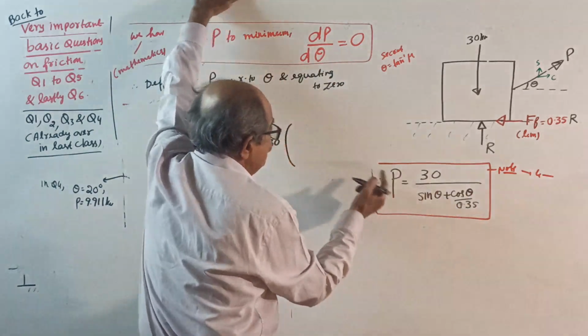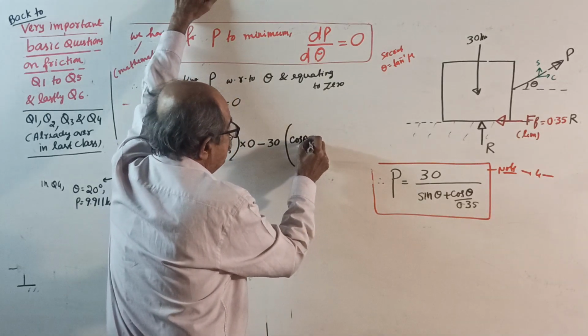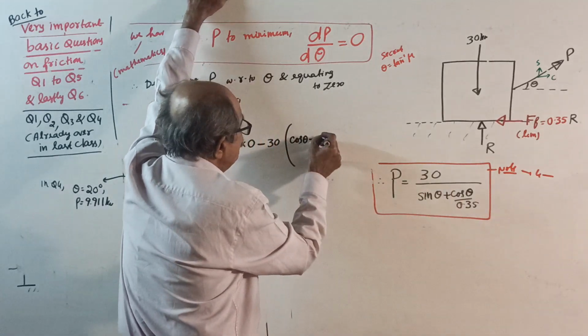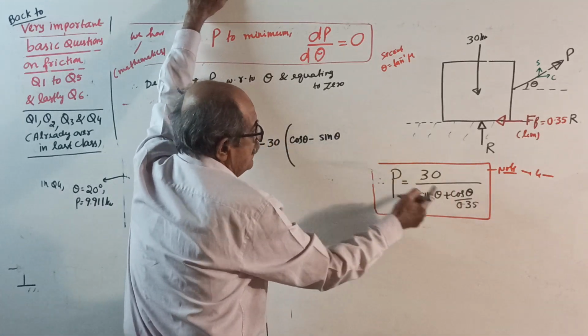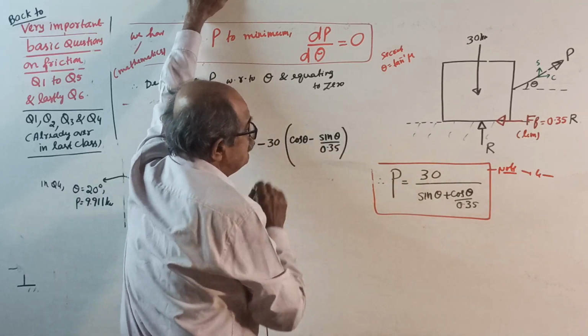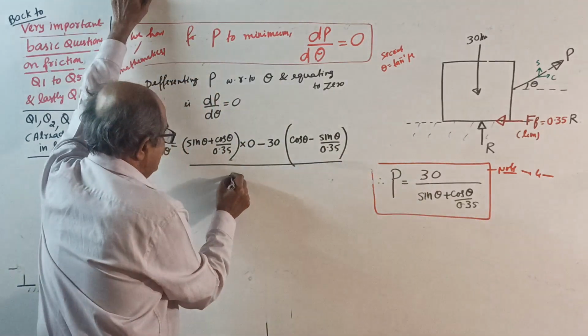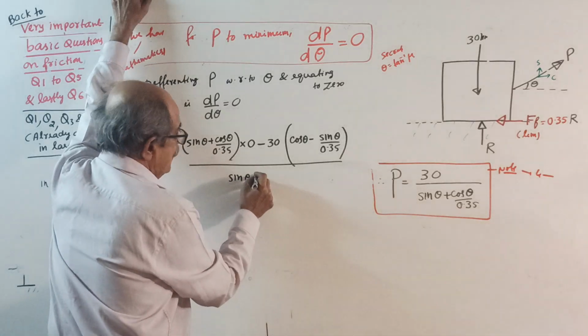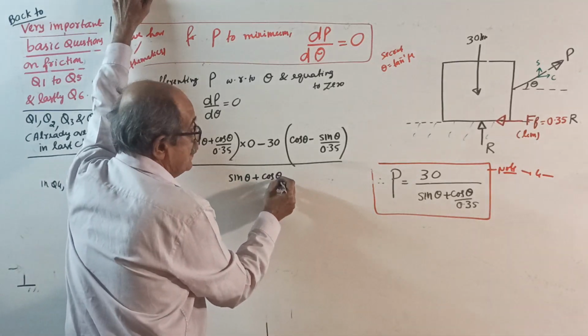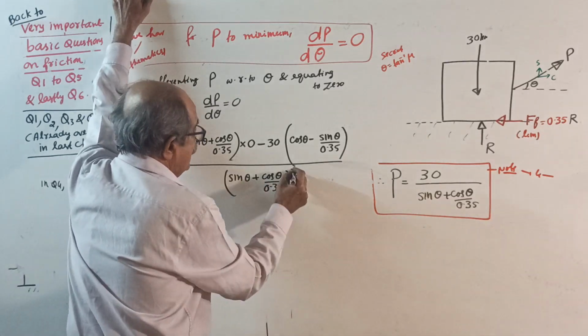Differentiation of denominator is sin theta becomes cos theta, minus, cos theta becomes sin theta, and divided by 0.35. This much basic mathematics required. Divided by sin theta plus cos theta divided by 0.35 whole square should be 0.